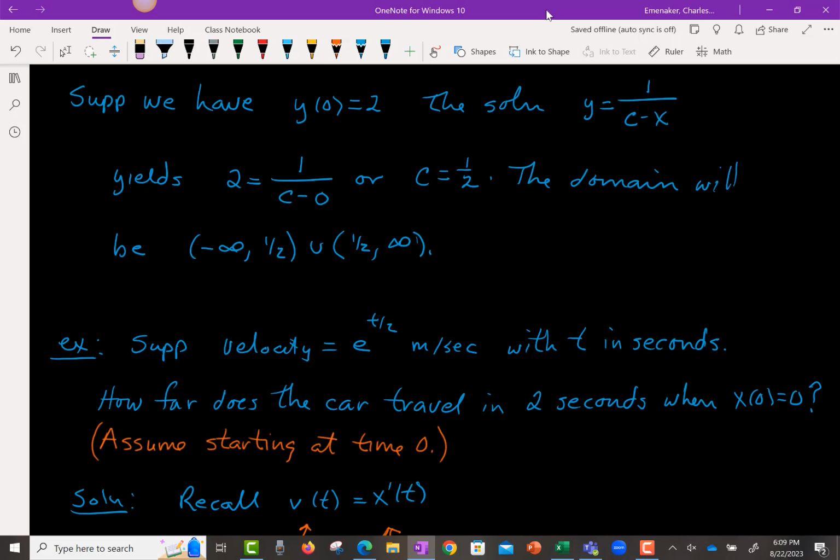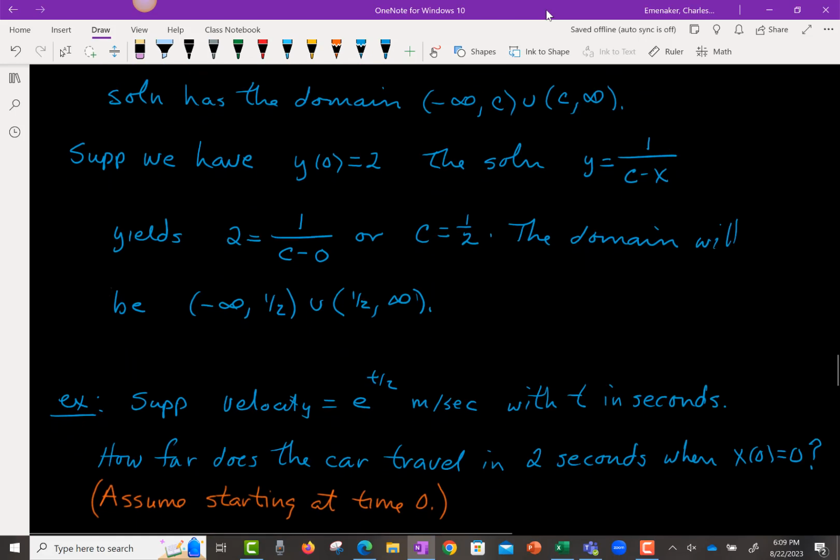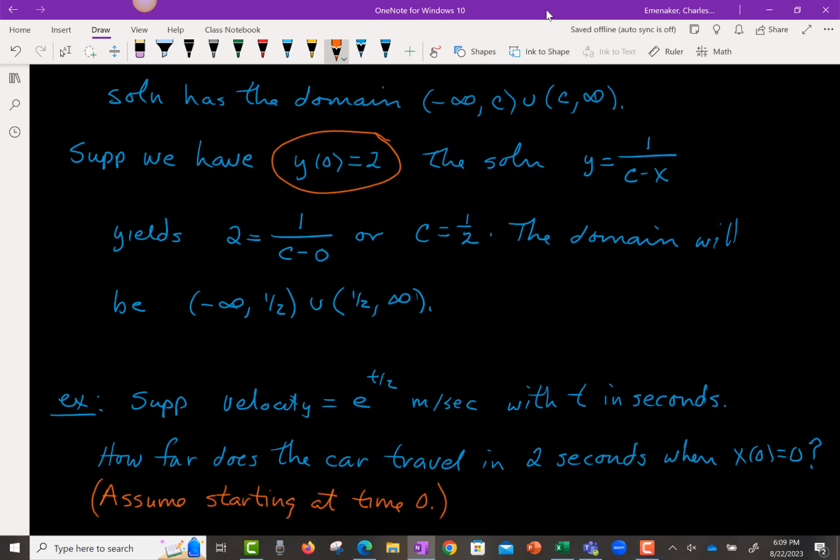In this case, the domain, using the information now at the top of the screen, is going to go from negative infinity to our value of c, 1/2, union with 1/2 to infinity. So we have a singularity in the solution at x equals 1/2 when we apply the initial condition y of 0 equals 2. That singularity will move around as we wind up with different values for y. In some cases, even the x value itself might change. The x value might be 1, it might be 10, who knows?